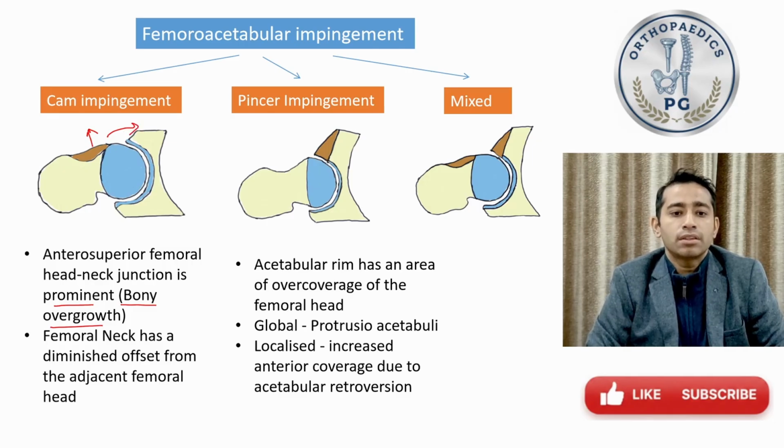The other cause is a decreased offset of the femoral neck.